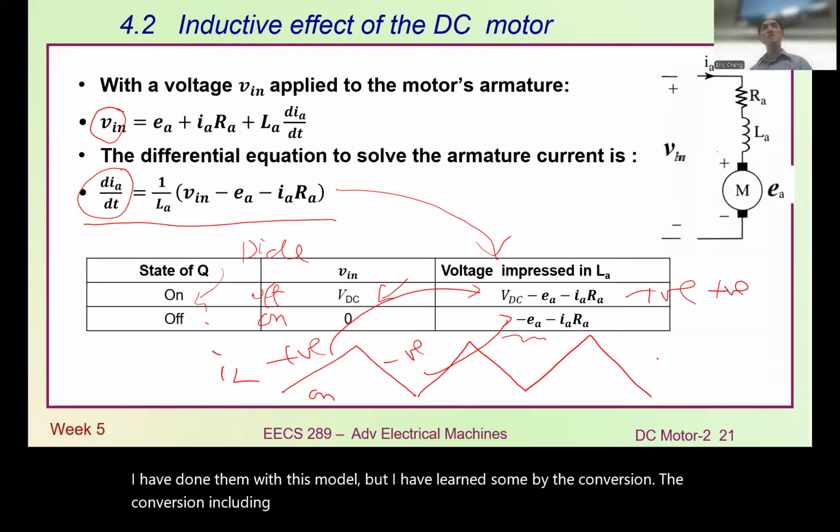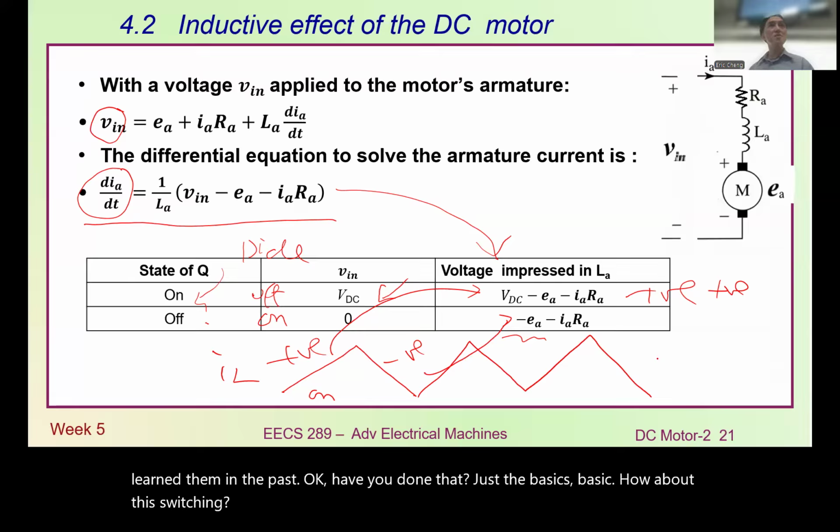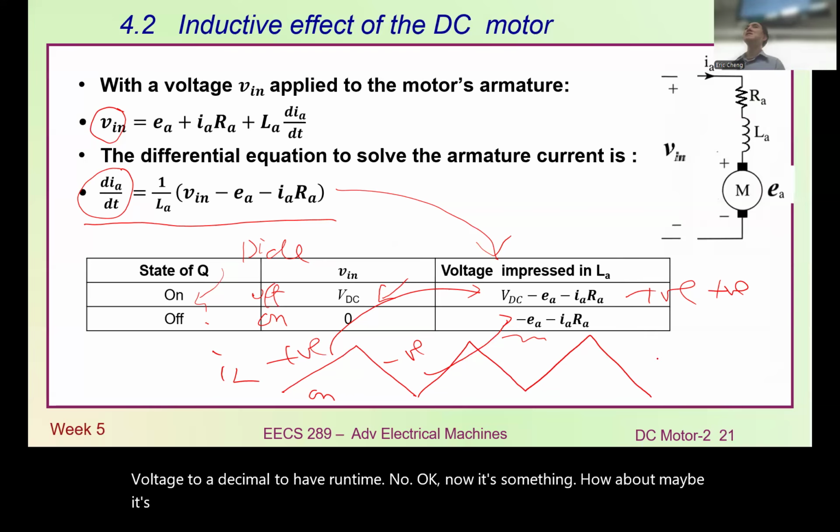Okay, so this part you have learned in the past. Okay, Serifo, have you learned that? Just the basics. How about this switching voltage to a DC motor? Have you learned it? No. Okay, now it's something new. How about Manvia? No, it's good. So it's a quick revision, then you know. It's really basic and important. You all need to know.